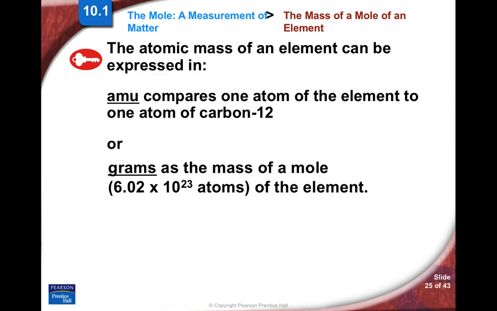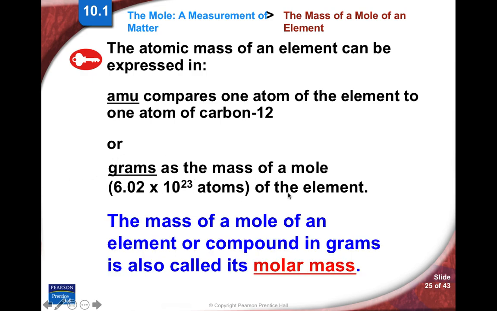So AMU compares one atom of an element to one carbon-12 atom. Grams are the mass of a mole's worth of that element. I will call it molar mass almost all the time. So those numbers on the periodic table not only refer to individual atoms of the elements, but also to moles of those elements.